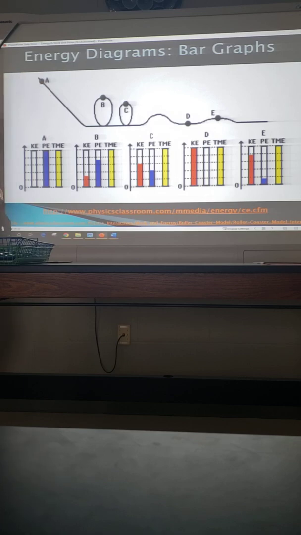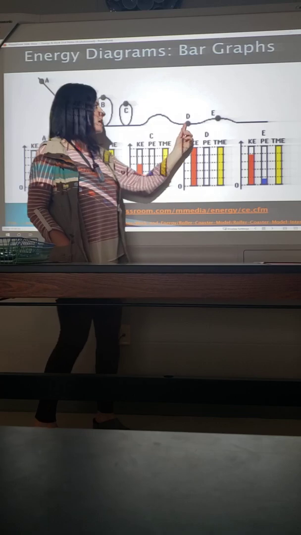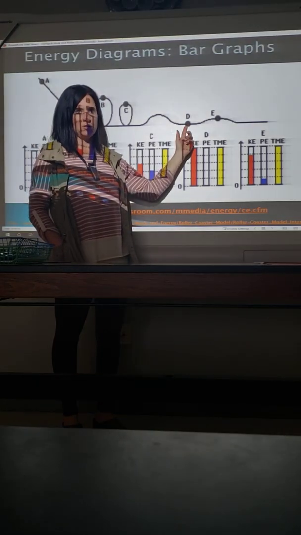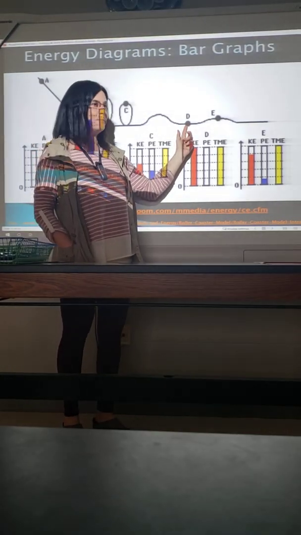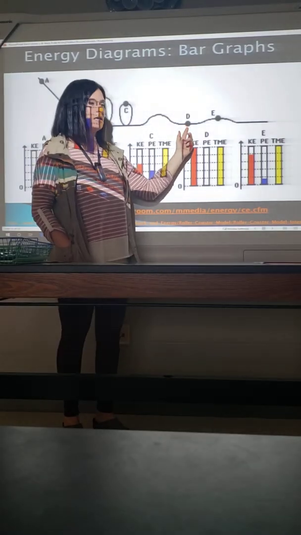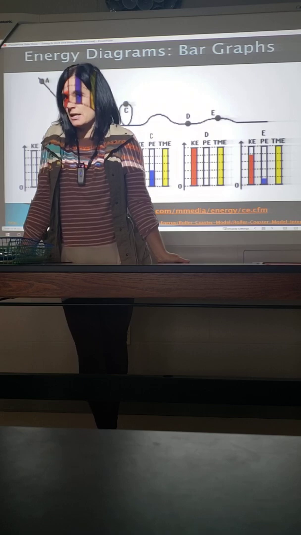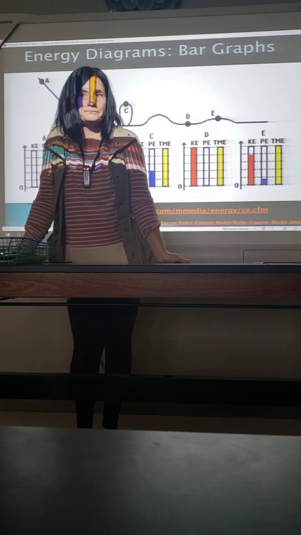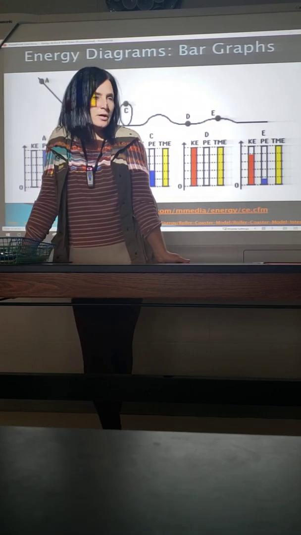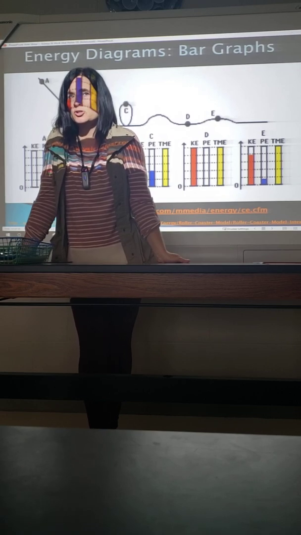And then I go to kind of the opposite way of thinking. If I'm down here at the very lowest position, which is position D, I have absolutely no height. If you plug 0 height into the mass times gravity times height, what do you get? 0 height calculated in there gives you how much GPE?